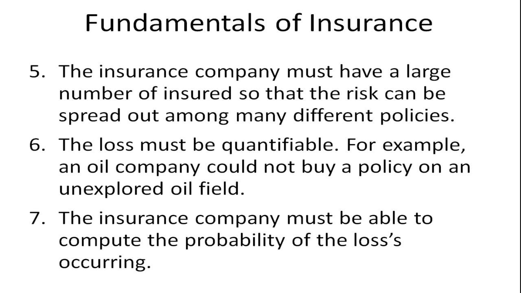Fifth, the insurance company must have a large number of insured so the risk can be spread out among many different policies. This is how life insurance works. Insurance companies do a lot of statistical analysis, done by people known as actuaries.